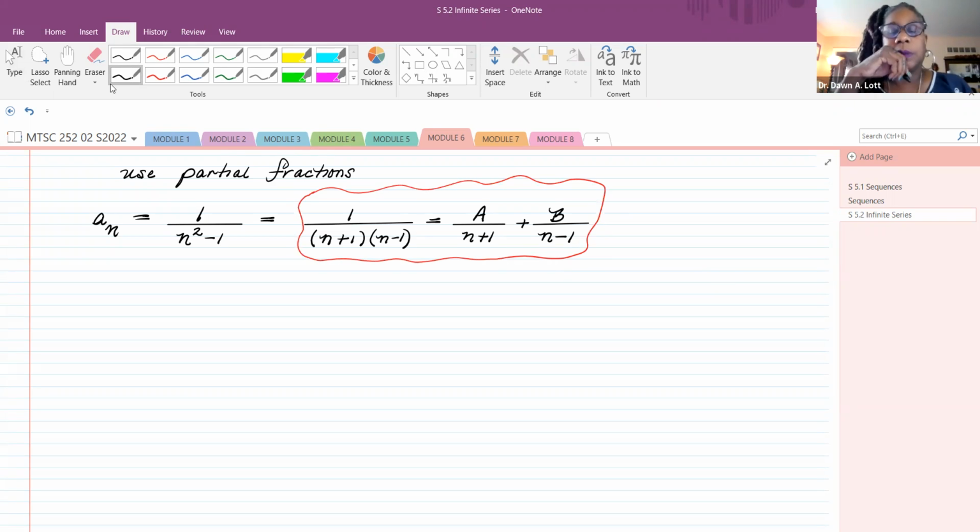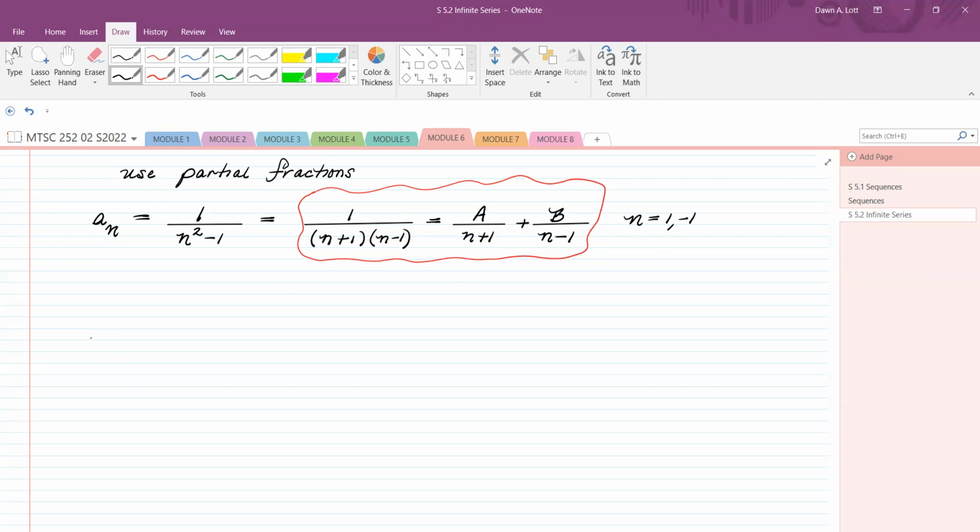What are my roots? How do I solve for A and B? Is it n plus 1, n minus 1? Okay, so our roots are n equals 1 and negative 1. And so, Brian, can you give me the major equation? Do you remember how to do it? Remember, we multiply by the common denominator.